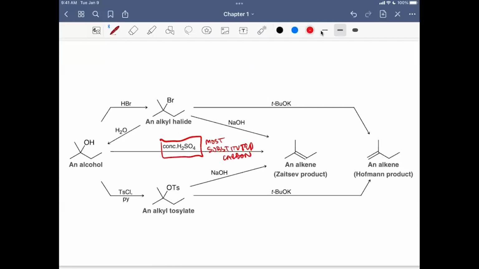Instead of using a halide, a halogen, we're using an alcohol to go to a double bond. So that's the one change that's shown there. And that's because it's a bad leaving group, so we have to use a different reagent than just NaOH that we can use for a good leaving group.